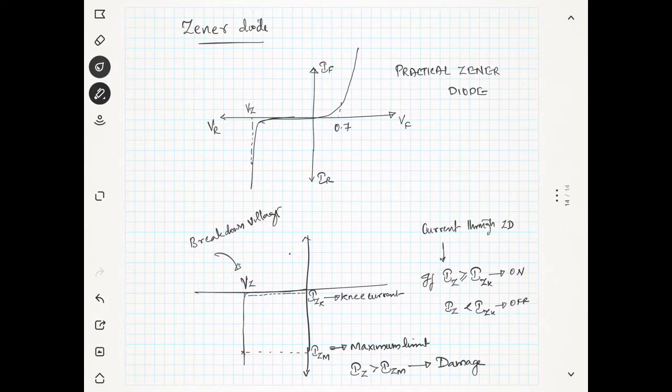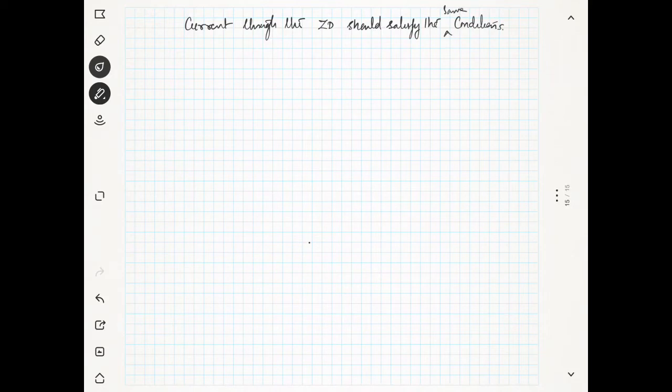So we want to avoid this condition. We can conclude that the current through the Zener diode should satisfy some conditions.